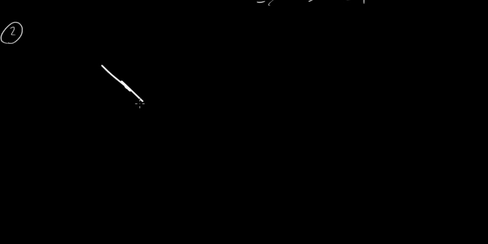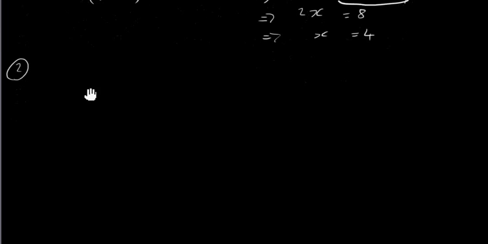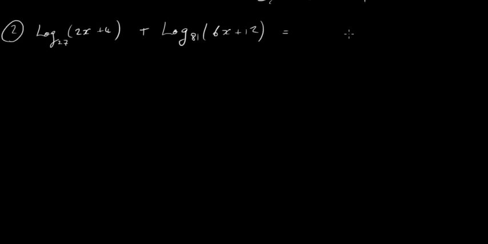Okay, so in this case we have log of 2x plus 4, and this is to the base 27, plus log to the base 81, and we've got 6x plus 12. That's equal to 5 over 6.